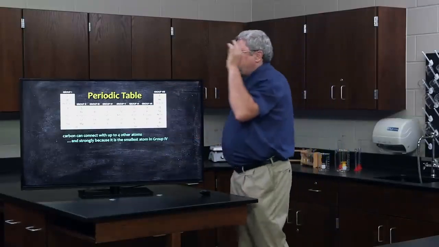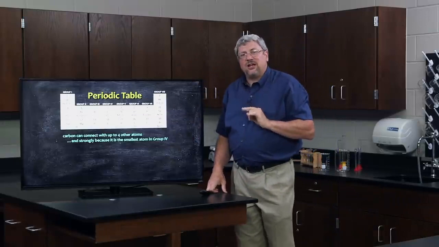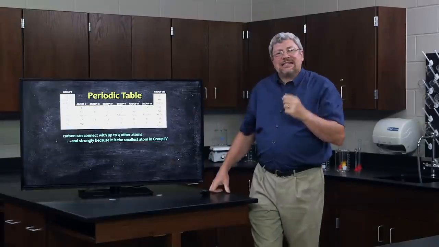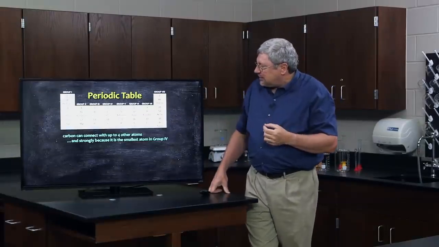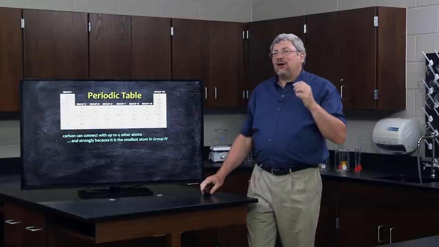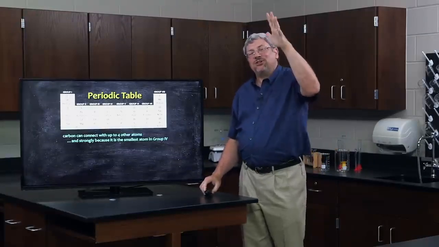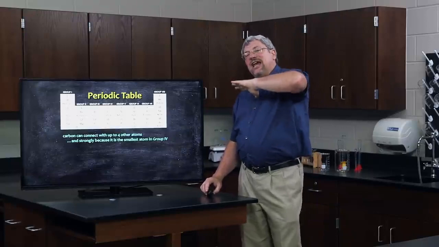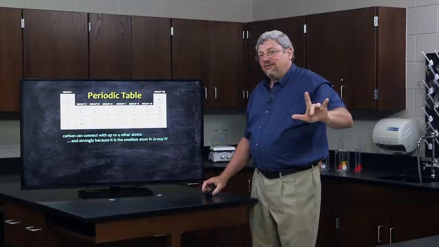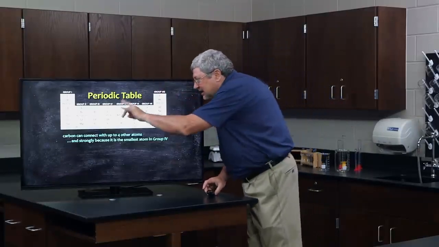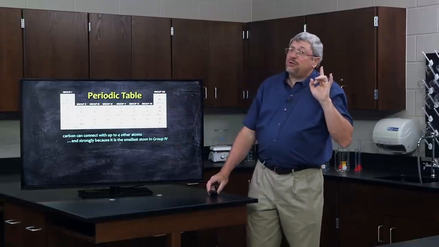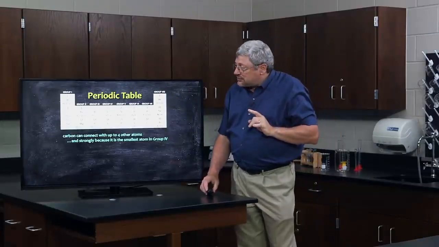Carbon is the perfect atom, the perfect element to build the complexity of molecules that you find in life. So it turns out that carbon is a very special element that happens to be absolutely necessary for life. If we didn't have an element like carbon, we wouldn't be able to produce the molecules that organisms are built from.